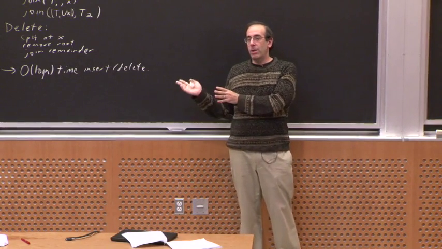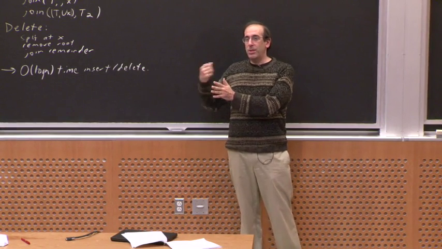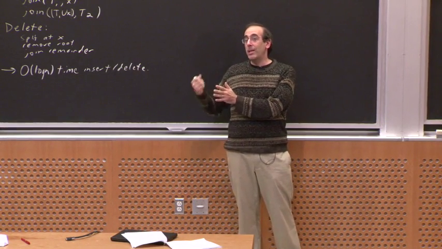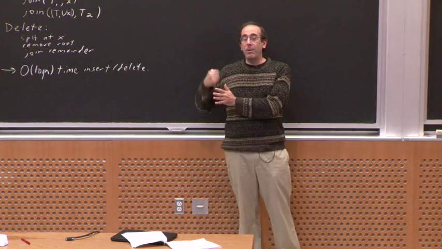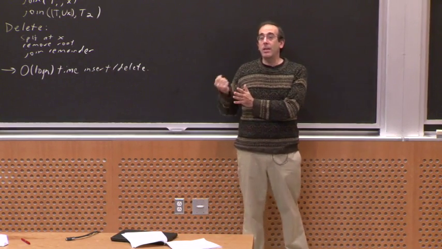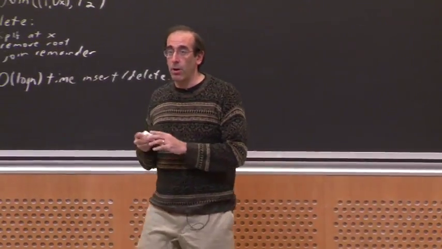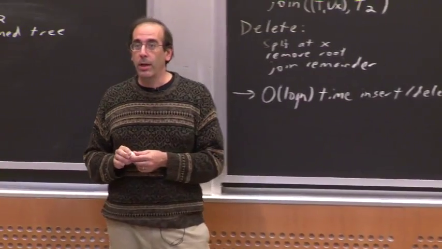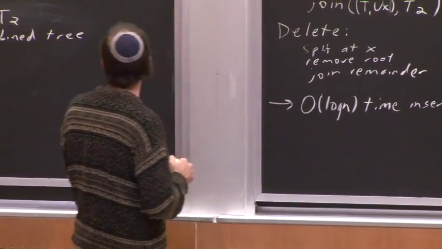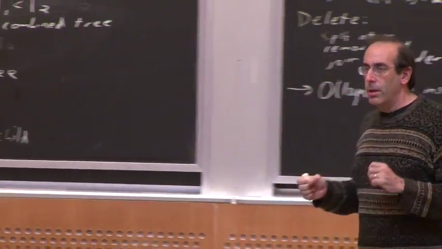But now that we're talking about inserts, you start with an empty splay tree and you insert things into it. That means we're starting with potential 0, and our final potential is going to be positive. So in fact, our amortized cost is immediately an upper bound on the overall real cost.